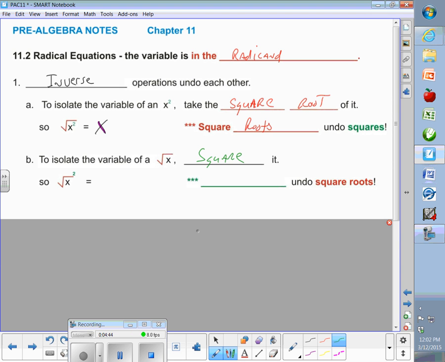Because square roots undo squares, and squares undo square roots. They're inverses of each other. They undo each other. So if you look at the example here, we had the square root of x, and I want to get down to x, so I'm going to square it. What do you get as a result? The radicand, x.